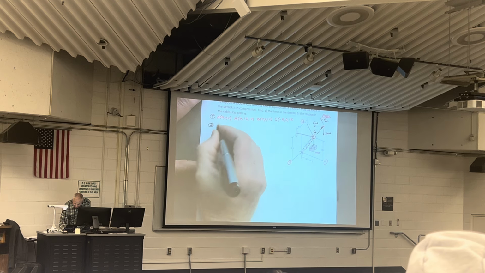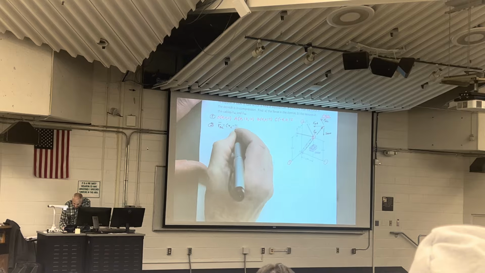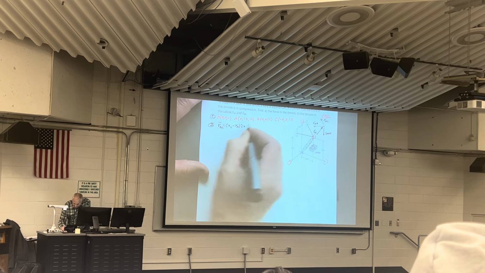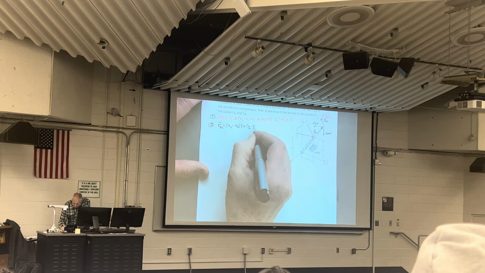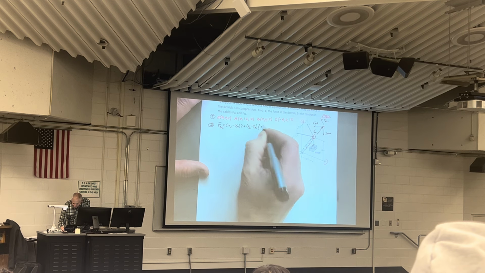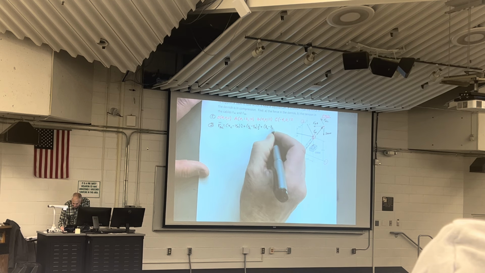Step 2 says find me RAC. That's XC minus XA i plus YC minus YA j plus ZC minus ZA k.